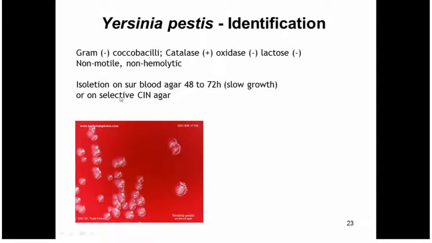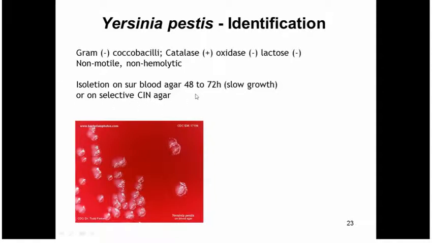Isolation on blood agar, and/or selective CIN agar. This has got cephalosporins because Yersinia are naturally resistant to cephalosporins, and N is another antibiotic which will inhibit the growth of gram-positives. So you can grow them up on selective agar.